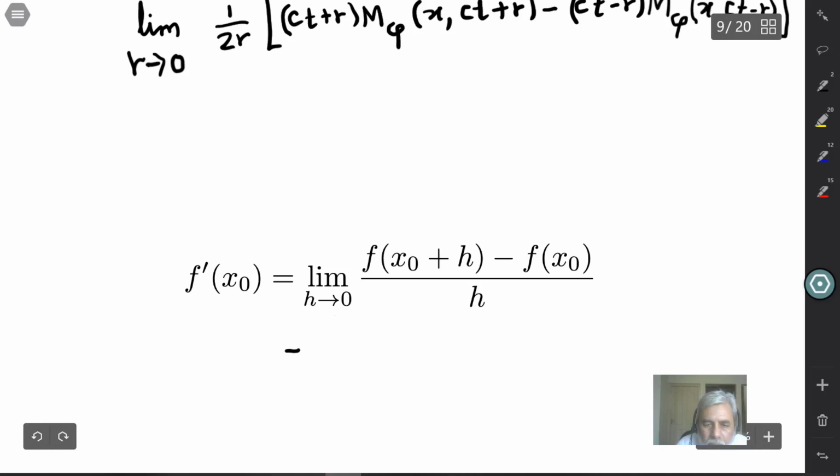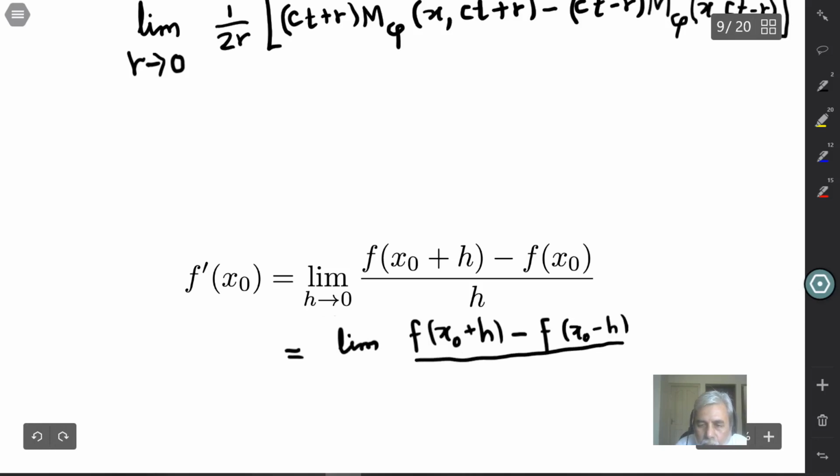This is also equal to the limit of f of x naught plus h minus f of x naught minus h, by 2h.